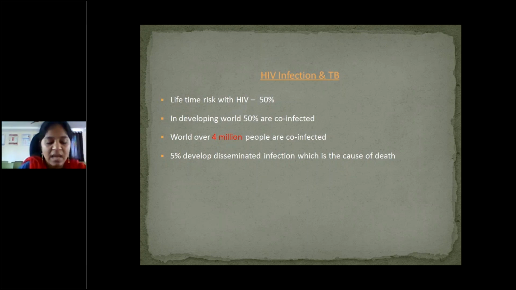TB as such is a disease which depends upon host immunity, so there is a rise in tuberculosis cases in HIV infection. The lifetime risk of developing TB with HIV is 50%. In developing countries, 50% are co-infected, and worldwide over 4 million people are co-infected, meaning HIV and TB coexist. 5% develop disseminated infection, which is the cause of death in HIV patients.